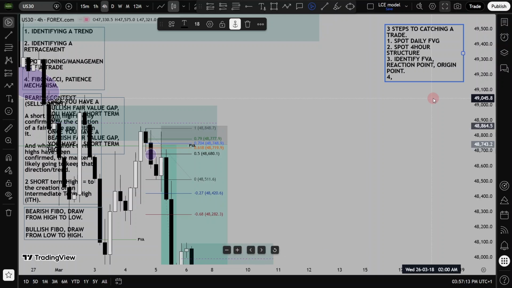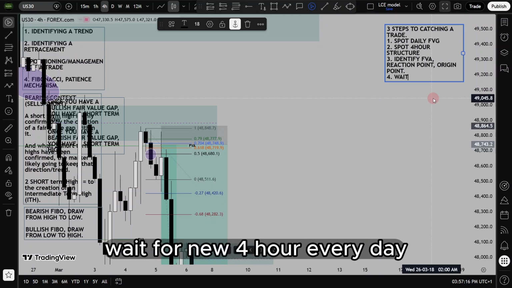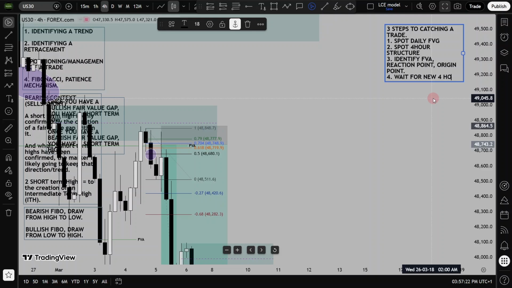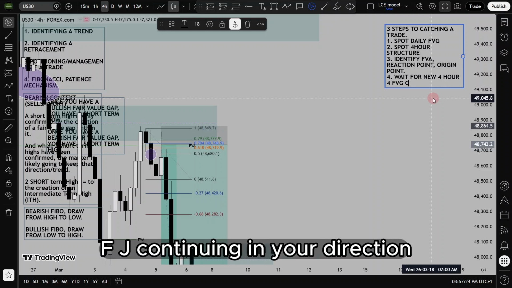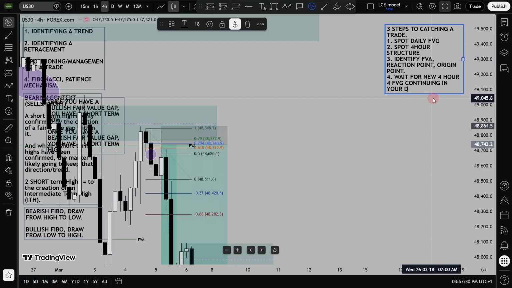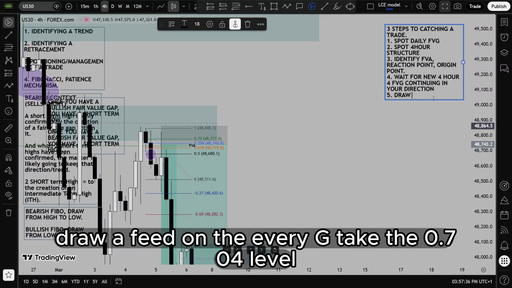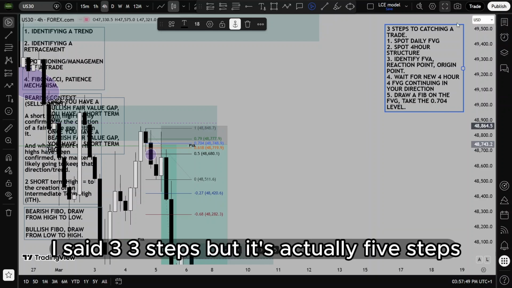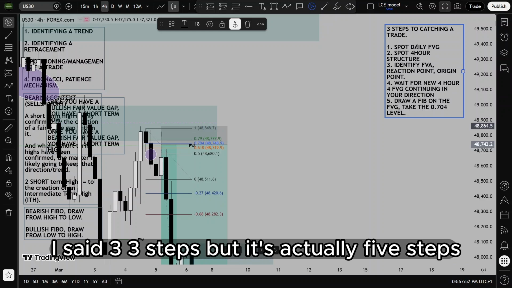Step 4, wait for new 4-hour FVG continuing in your direction. Step 5, draw a Fibonacci on the FVG, take the 0.704 level. I said three steps, but it's actually 5 steps.